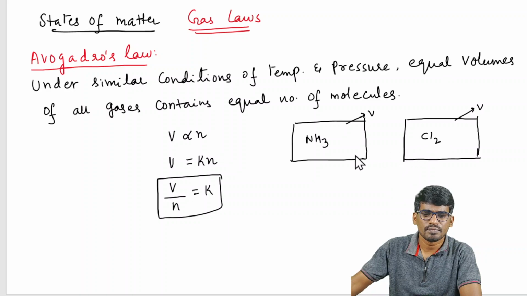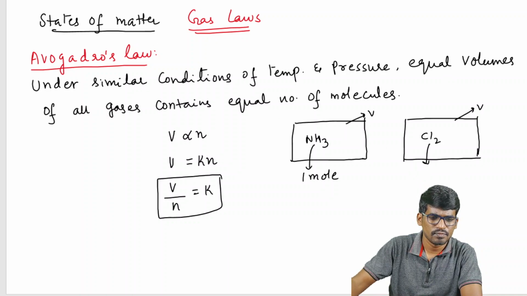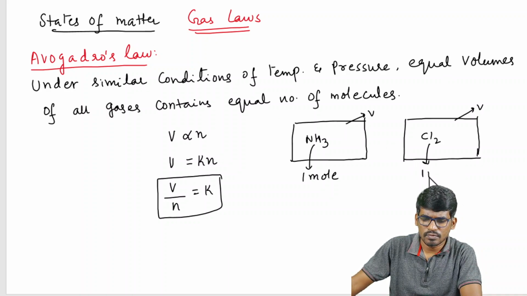NH3 gas, let us say it is 1 mole, 17 grams is 1 mole, and Cl2 is 71 grams. That is also 1 mole.